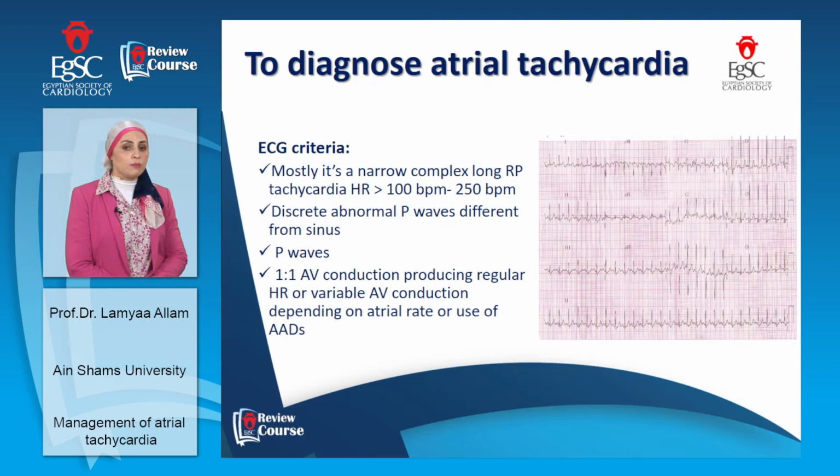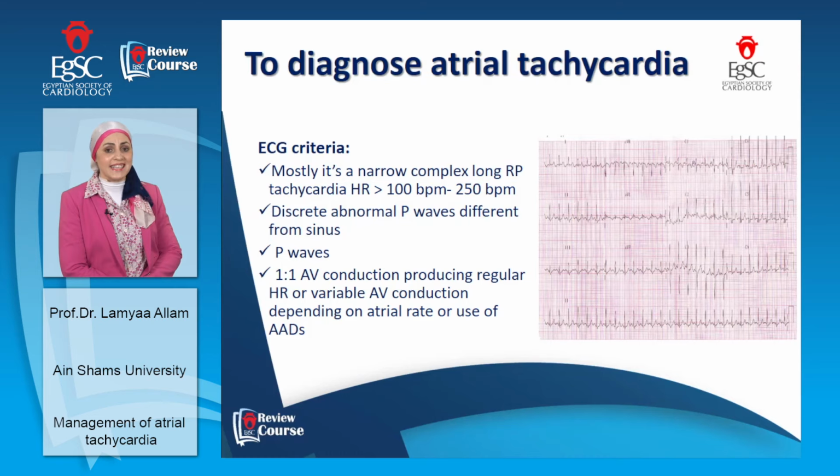This tachycardia is, most of the time, a regular tachycardia, when the P waves are transmitted through the AV node to the ventricle in a 1-1 conduction pattern. But sometimes when the atrial activity is very fast, not all the beats from the atria are conducted through the AV node to the ventricle because of the fatigue of the AV node.